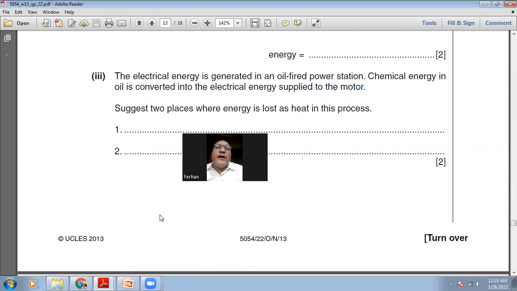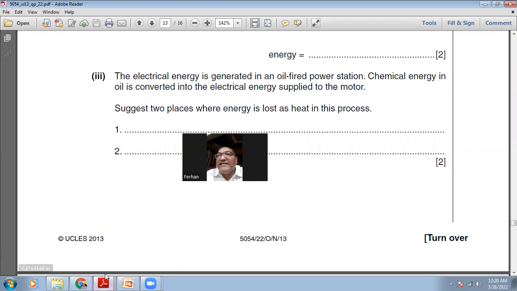You see, when you are boiling the water in the boilers, we use boilers to produce steam, and then with the help of the steam we run the generators. So when you are heating the boiler, some of the heat energy is lost from the boiler to the surroundings, and the steam which comes out also has a lot of heat energy in it, and that goes into the surroundings.